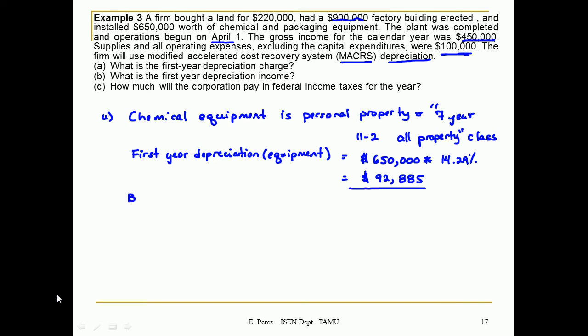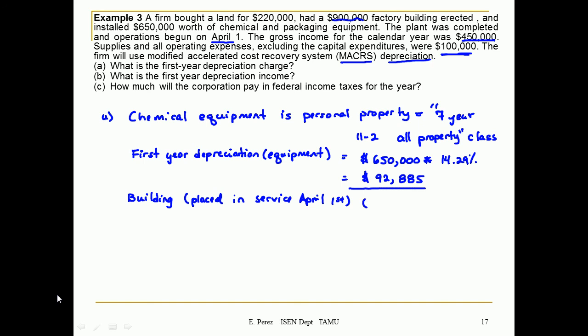So the building was placed in service on April 1st. Okay, and that's information that is given by the problem.